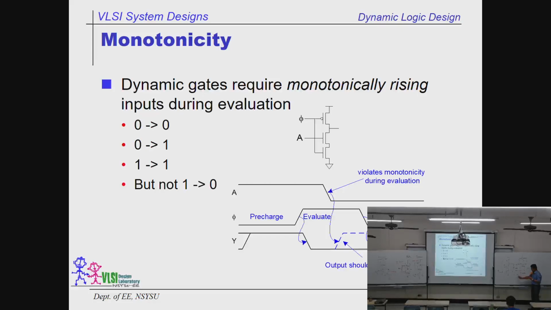As long as A is stabilized before the rising edge of the clock, everything's perfect. Now, the only issue is that A is changed during the evaluation. A is changed, okay? So what happened here?